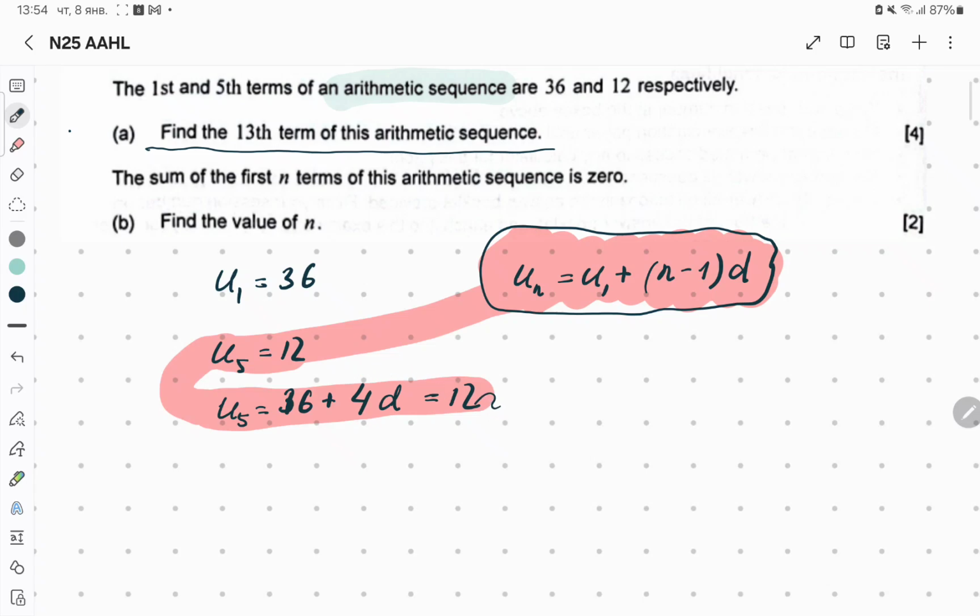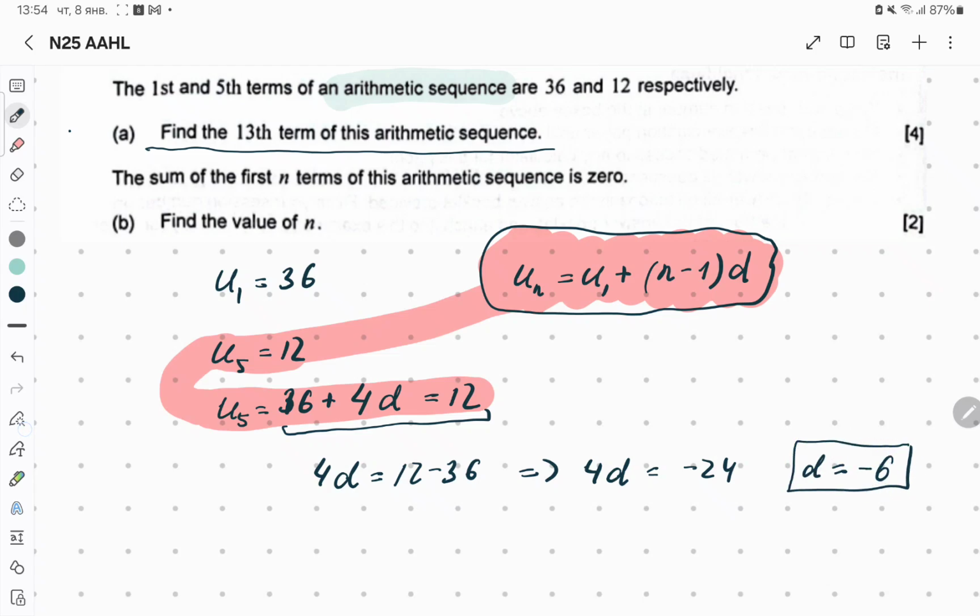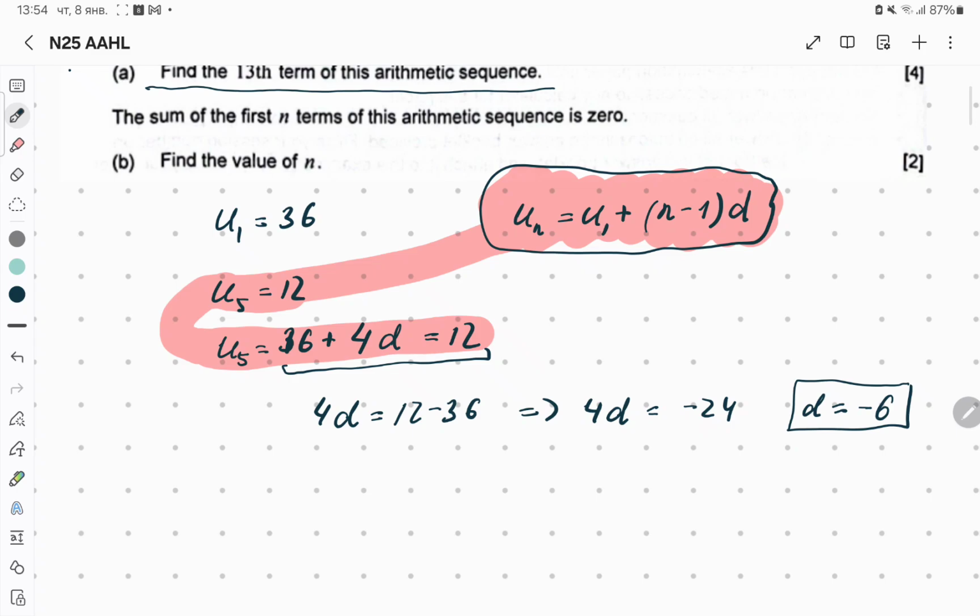And now using this formula, we can find the common difference, right? 4d is equal to 12 minus 36, so 4d is equal to negative 24, and d is then equal to negative 6. So d is found. Now we should find the 13th term. u13 is equal to u1 plus 12d, right?